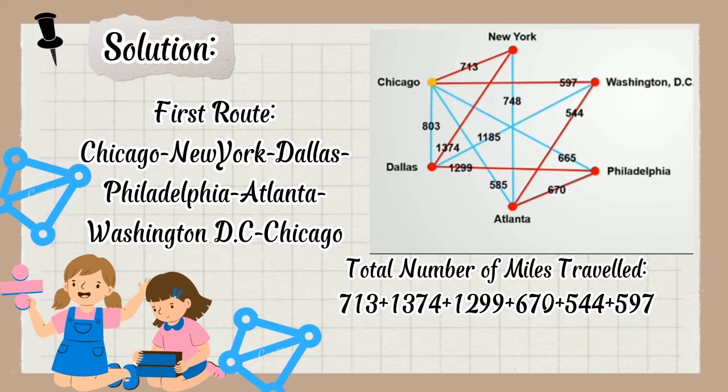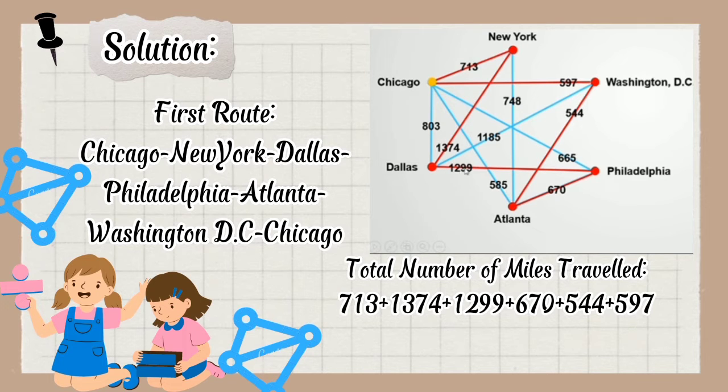So we have here Chicago to New York, that is 713, New York to Dallas, that is 1,374. From Dallas to Philadelphia, that is 1,299. From Philadelphia to Atlanta, that is 670. From Atlanta to Washington DC, that is 544.